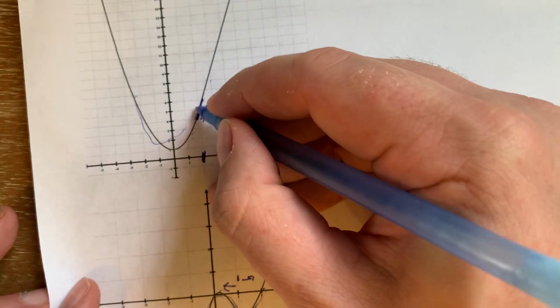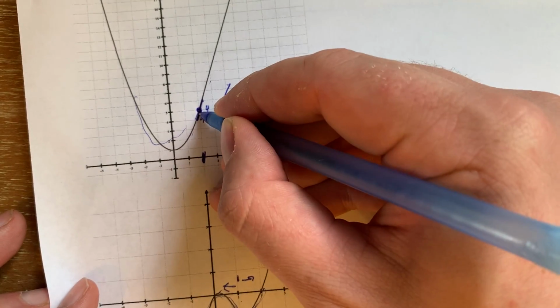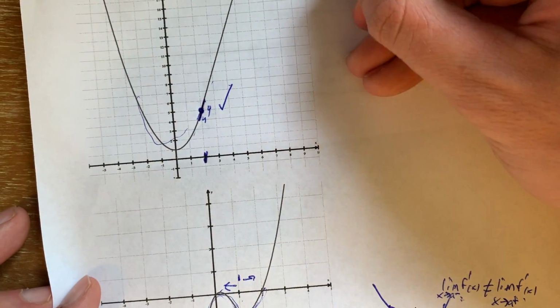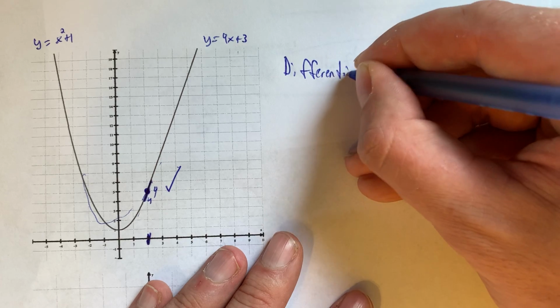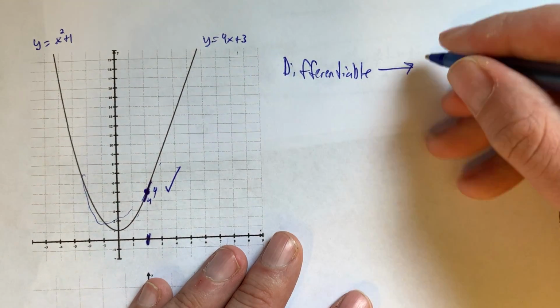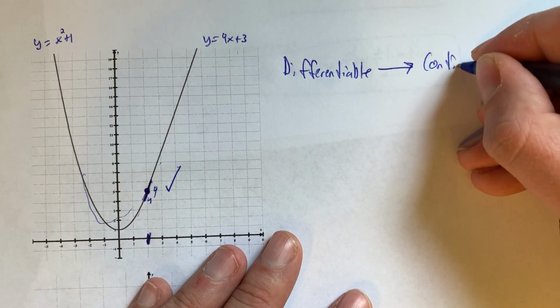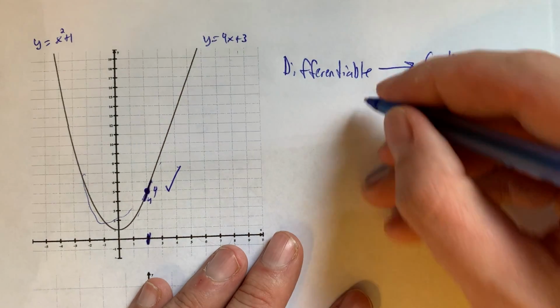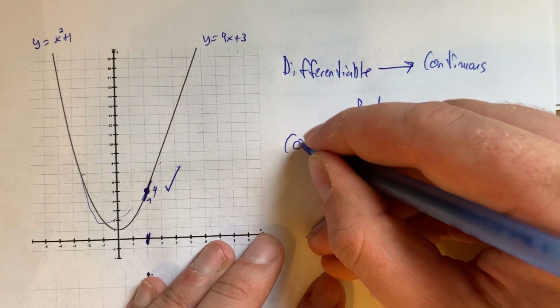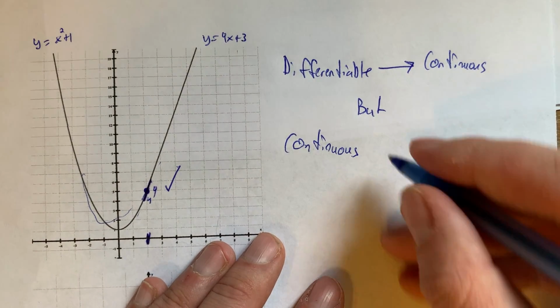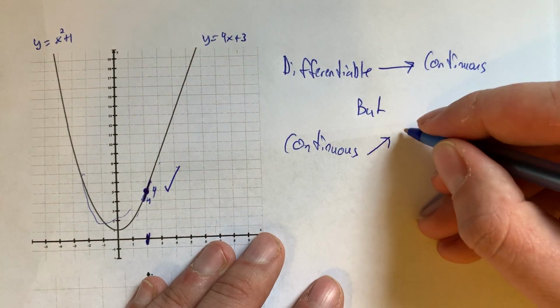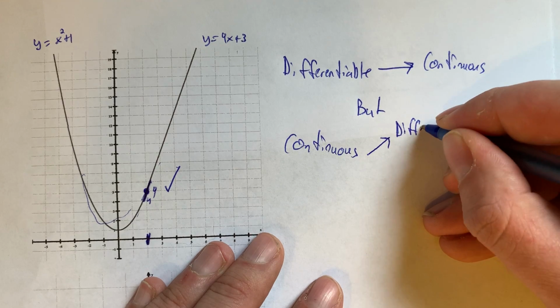If a function is differentiable, it must also be continuous. So we say if something is differentiable, then it's automatically continuous. But a function being continuous does not automatically make something differentiable.